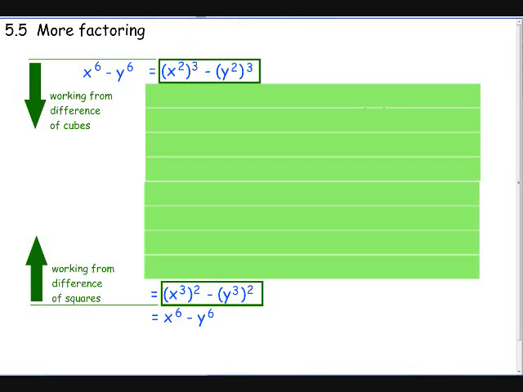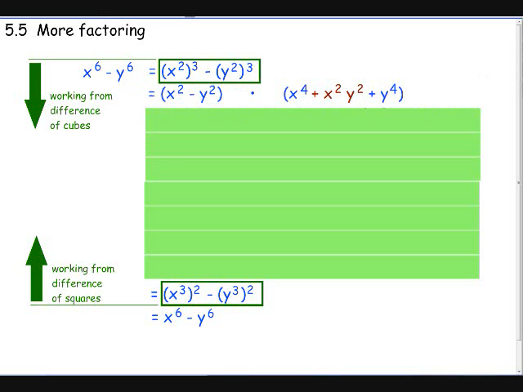Okay, so let's see how that would work. Working from a difference of cubes, what did we say we would have to do with that? We'd have a binomial and a quadratic trinomial. So our binomial would be x squared minus y squared.